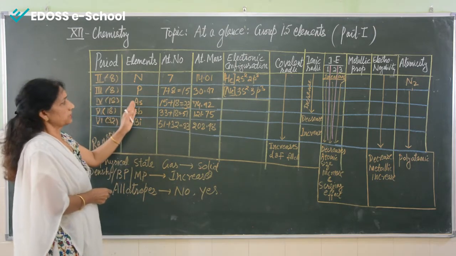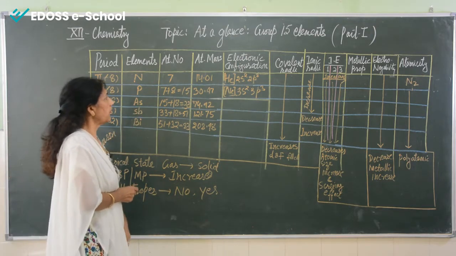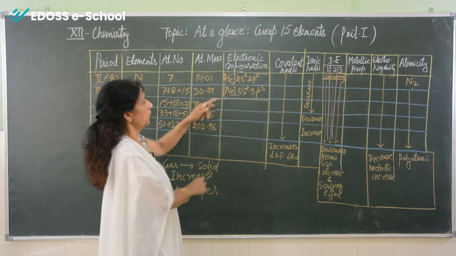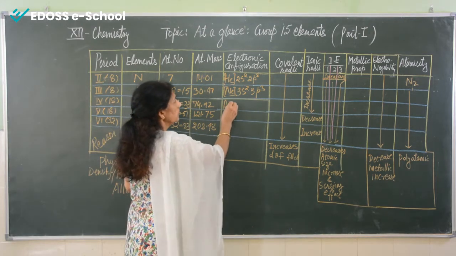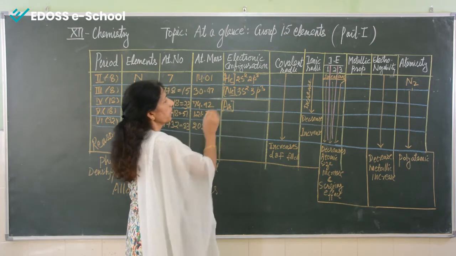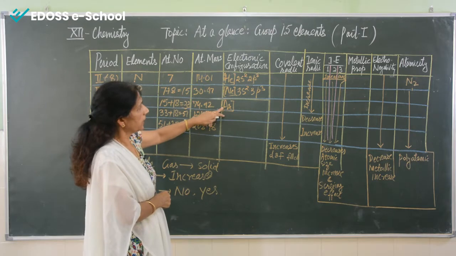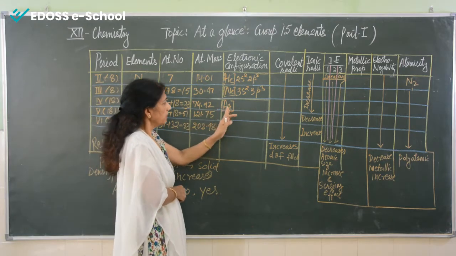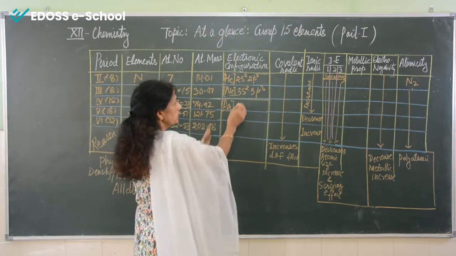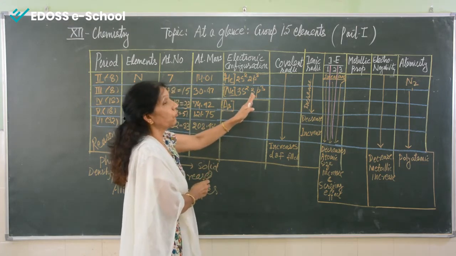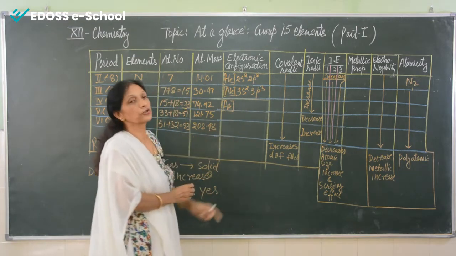Now coming to arsenic, whose atomic number is 33. After helium and neon, another inert gas is argon. So we write argon here, and we will not immediately write 4s2 and 4p3, because here 3d also starts.